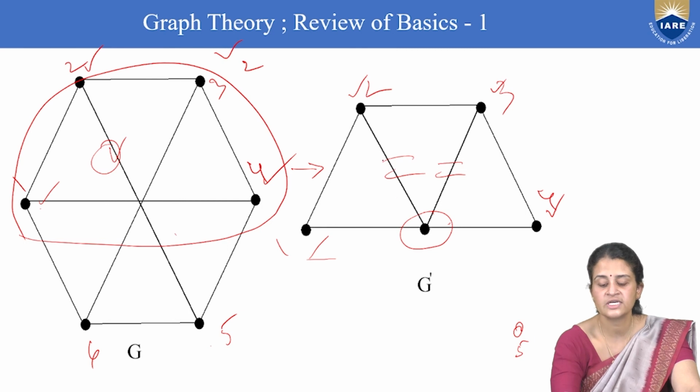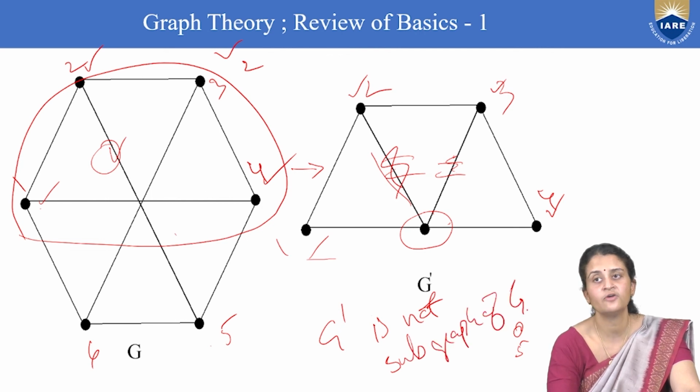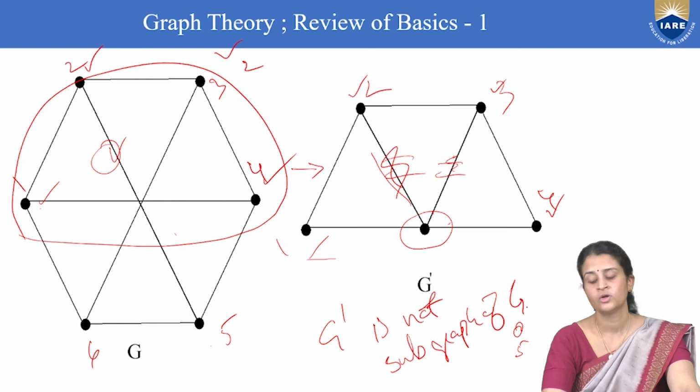So this edge is not permitted. Also this edge is not permitted. So this G dash is not a subgraph of the given graph G. Okay. Subgraph, everything, I hope it is now clear to you.